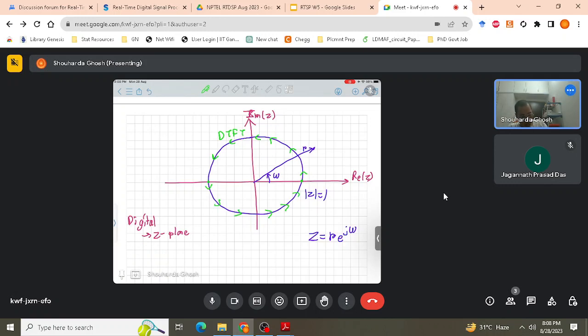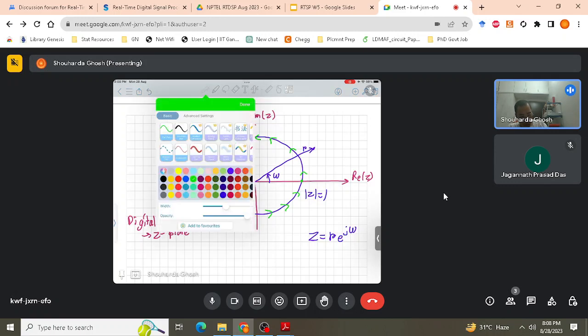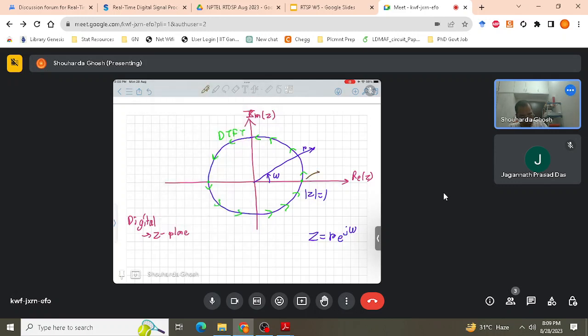And when you traverse over the entire unit circle, what is the mapping that you perform? The mapping starts from f equal to 0, which corresponds to omega equal to 0. Omega is pi by 2, which corresponds to a frequency of fs upon 4. This corresponds to omega equal to pi, f equal to fs upon 2. So this is the maximum frequency limit up to which our signal frequencies shall exist, and after that it is a complete repetition.